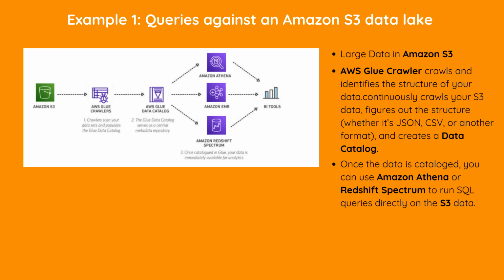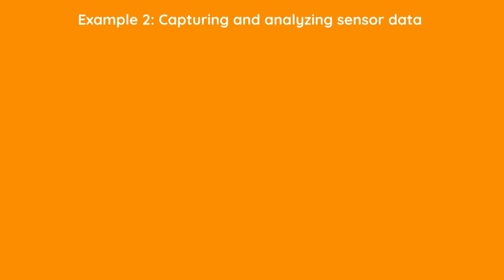Once the data is cataloged, you can use Amazon Athena or Redshift Spectrum to run SQL queries directly on the S3 data. If you want to see the data visually, you can integrate it with Amazon QuickSight to create easy-to-understand reports and dashboards.